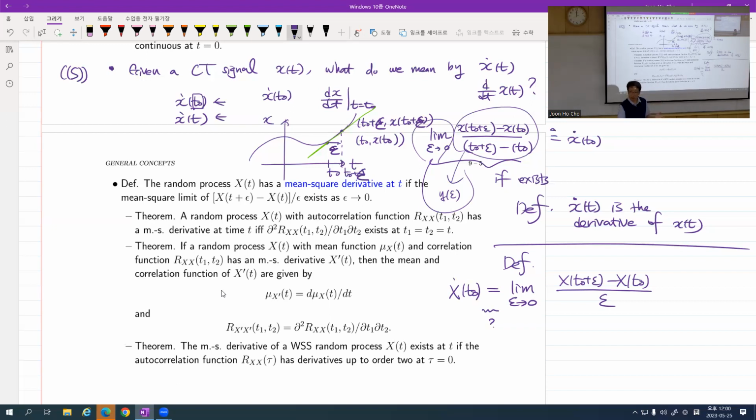But what do we do in the mean square calculus? That equality would be a limit in the mean. So what we do in stochastic calculus is this.